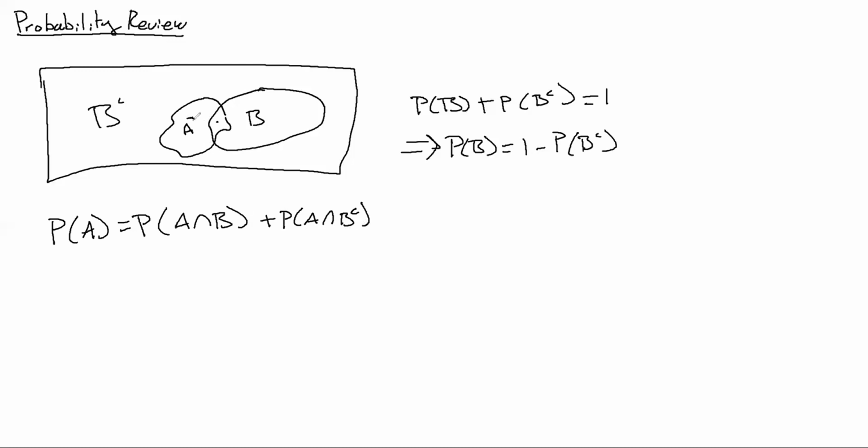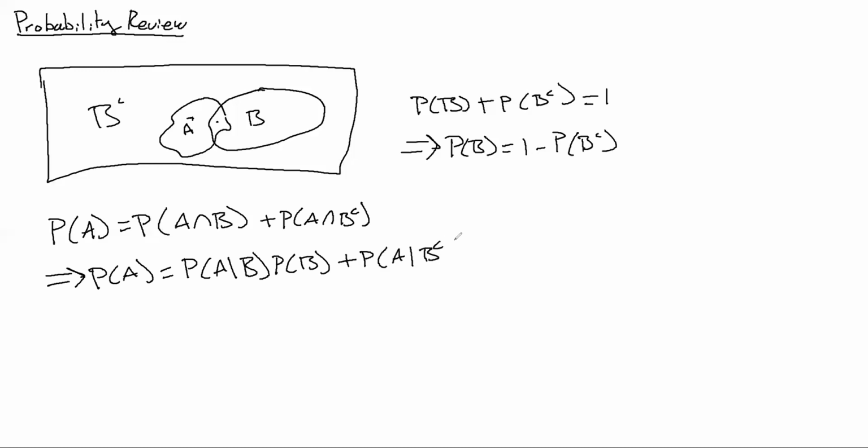That would be over here. And we'll take it a step further. Now we can say the probability of A is going to be equal to the probability of A given B multiplied by the probability of B, plus the probability of A given B complement multiplied by the probability of B complement.